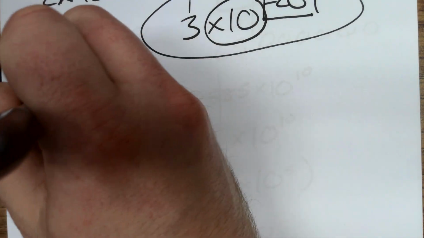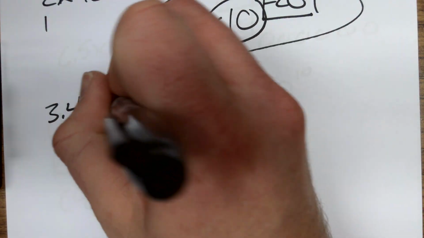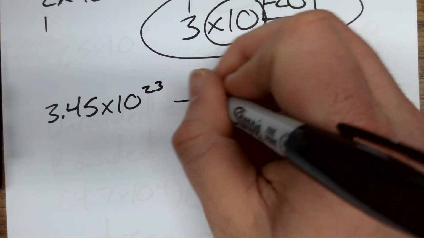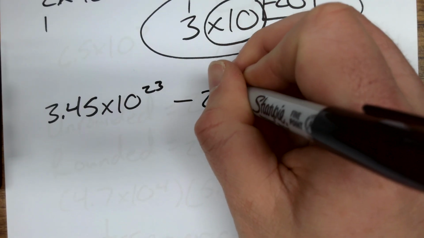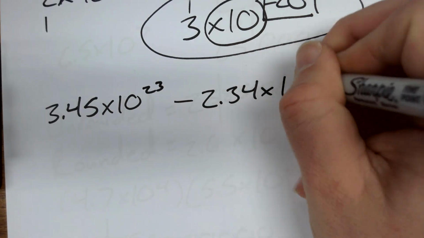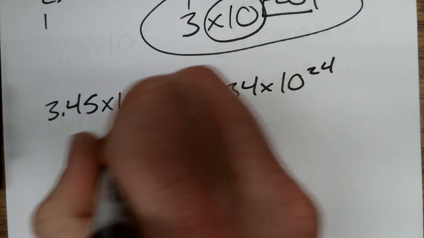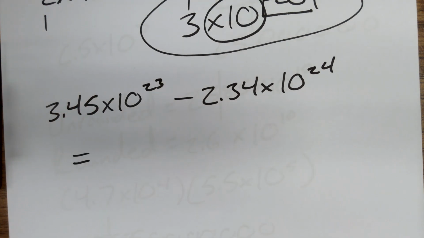It's 3.45 times 10 to the 23 minus 2.34 times 10 to the 24. You're going to do the same thing again. You're going to give me the unrounded answer and the rounded answer. I want both.